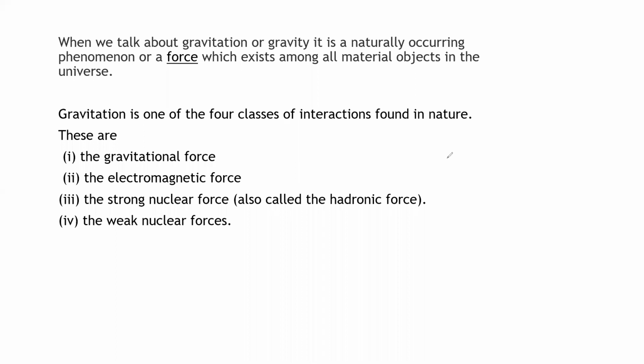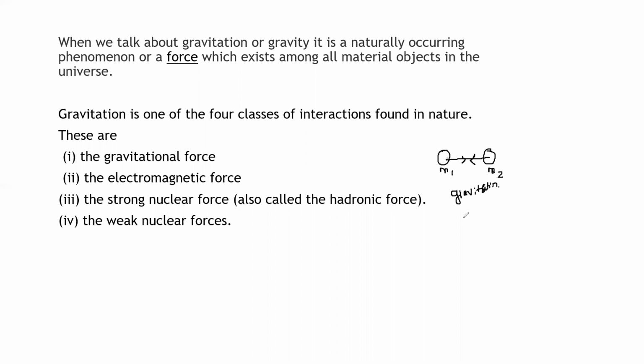Suppose there is one object and one more object, and consider this object's mass as m1 and this object's mass as m2. Why is the gravitational force called the interactive force? Because the first body exerts a force on the second body, as well as the second body exerts a force on the first body. This is nothing but gravitation or gravitational force.